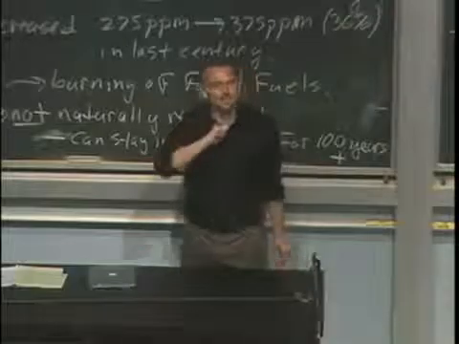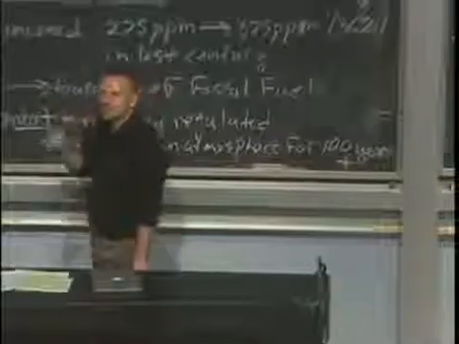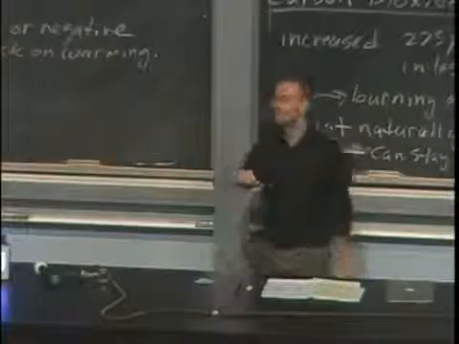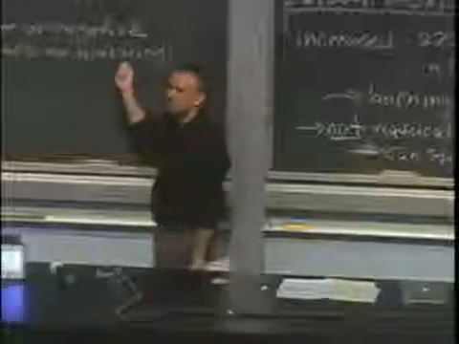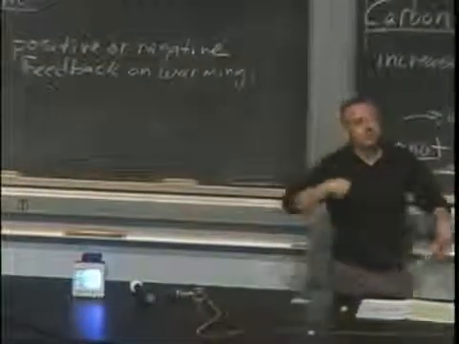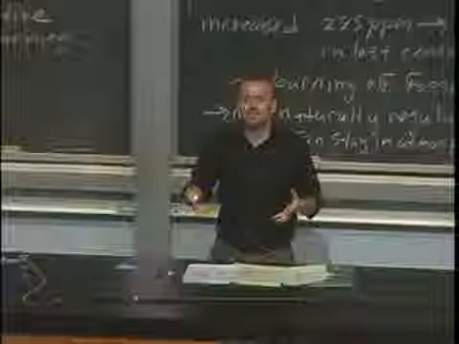And so that has the opposite effect. So less ice and snow means that there's less reflection, which means that the albedo is decreased. So that actually means more warming. The other effect is that if the atmosphere heats up, warmer air can hold more water vapor.